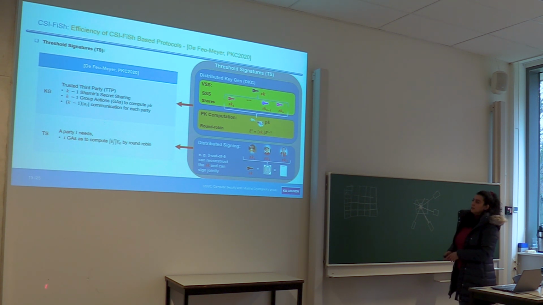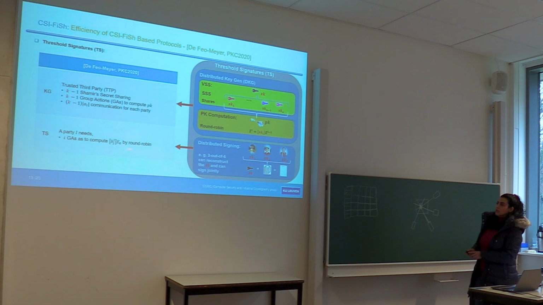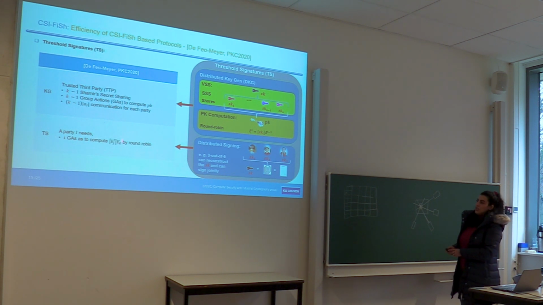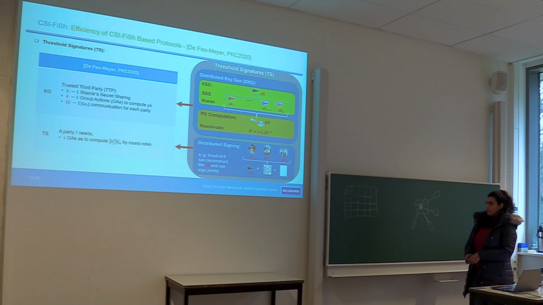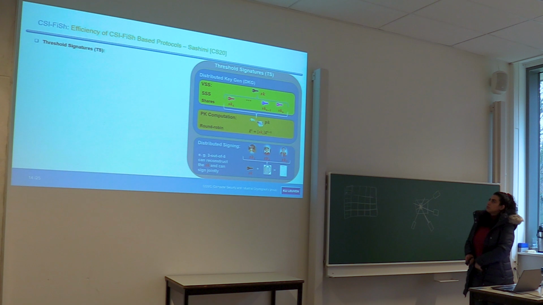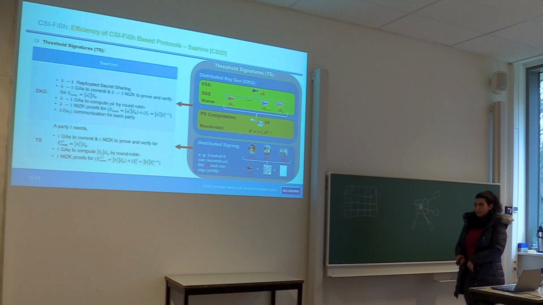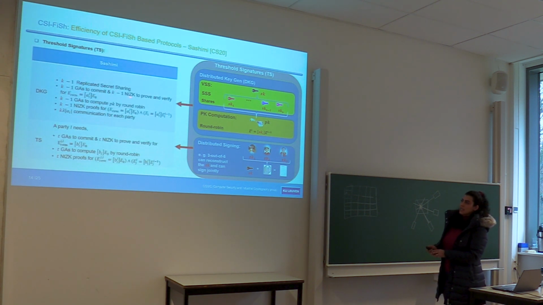And for threshold signature, a party L needs this amount of group actions to compute just this one in a round-robin way. The other one is Sashimi. Sashimi has kind of the same things.